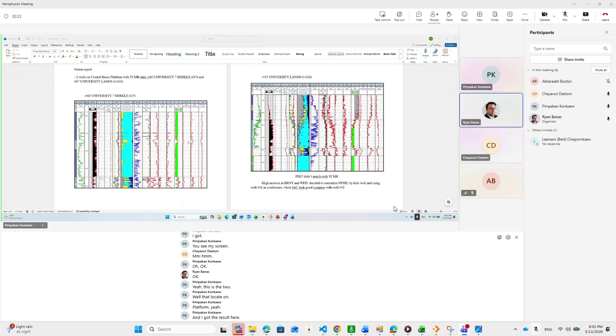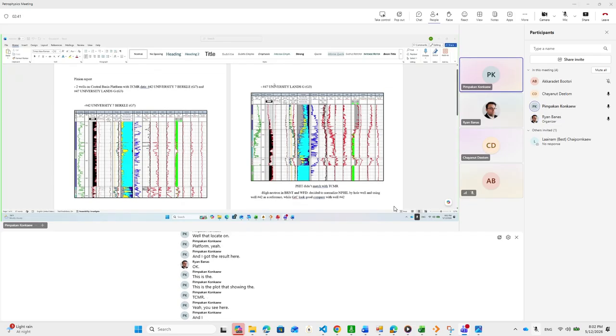This is the plot that showing the TCMR. You see here, I got a problem with well number 47.